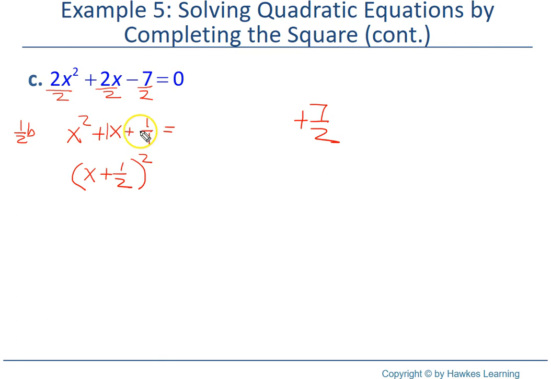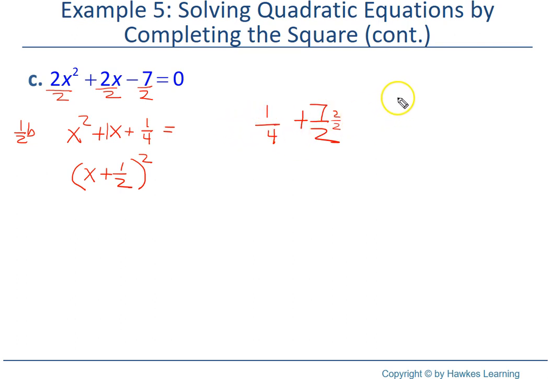Now, this will factor into this, but it's not an equation anymore, because this 1/4 was added to this side, so we must add 1/4 to that side. And I'm going to do something right away to get this 7/2 to have a denominator of 4. So we have to add these together. Well, we're going to multiply it by 1 in the form of 2/2.